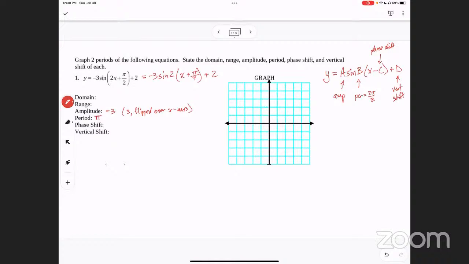Do you understand why? My phase shift is left pi over 4. See what I'm doing? I'm just looking right there. Because it's a plus here, I'm actually shifting it left pi over 4. And my vertical shift is 2 up.